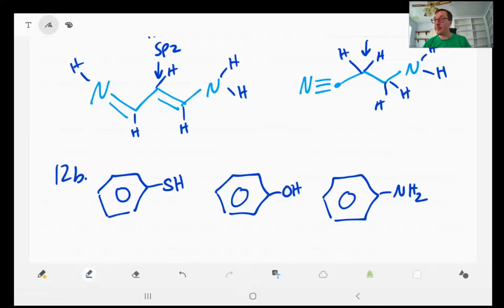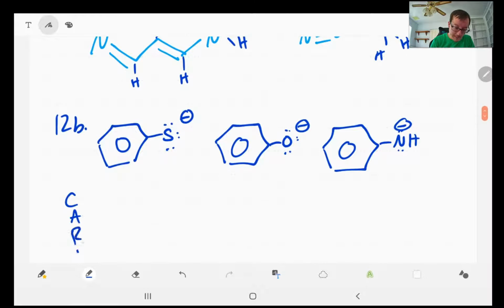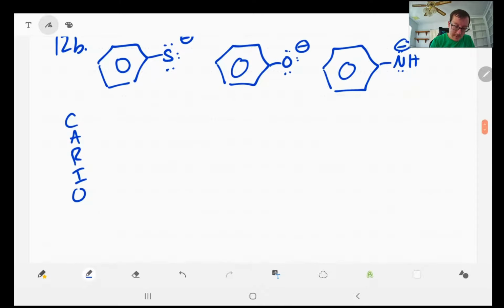Okay, let's do it. So if we're comparing these acids, what we want to do is look at the conjugate base. So I'm going to just get rid of the protons. And we want to address this in the order here of the carioa, or even just ario.